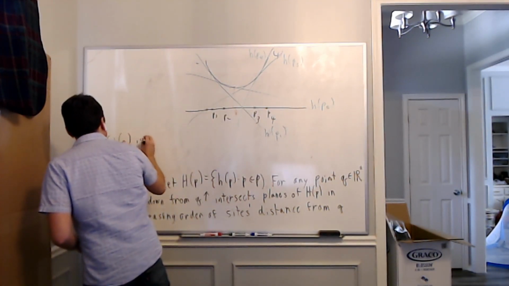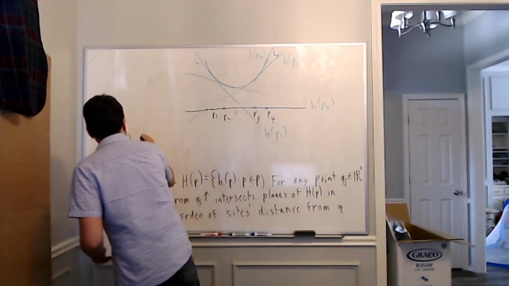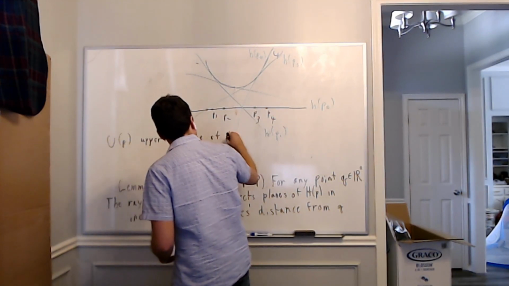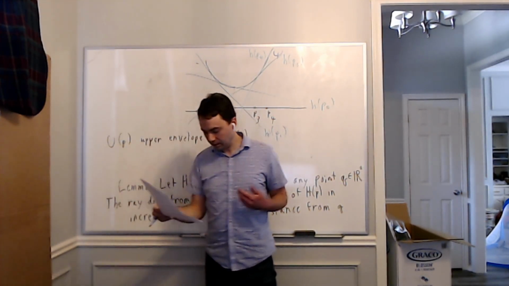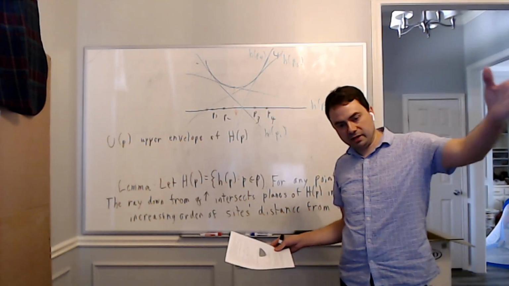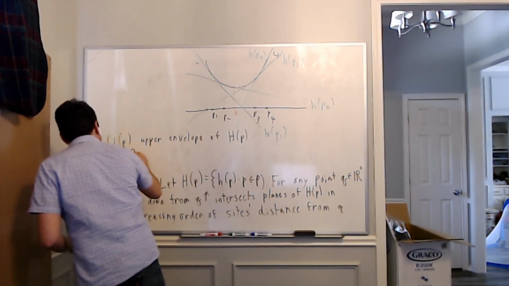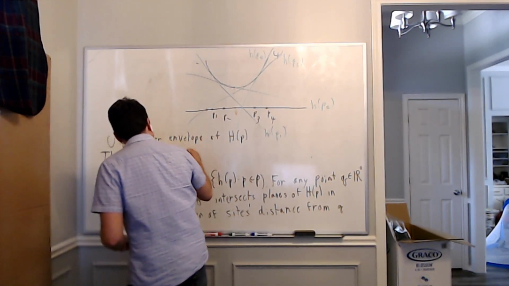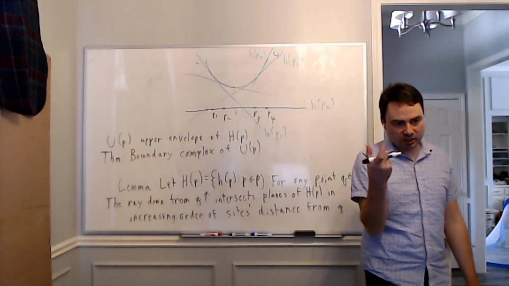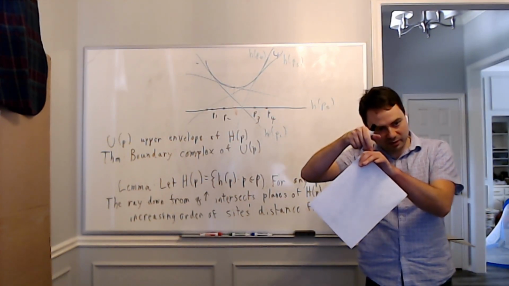And so if U of P is the upper envelope of all of capital H of P, and I look at the boundary of the upper envelope, it's going to be the positions where two of these planes are both the closest going straight down from some common point.